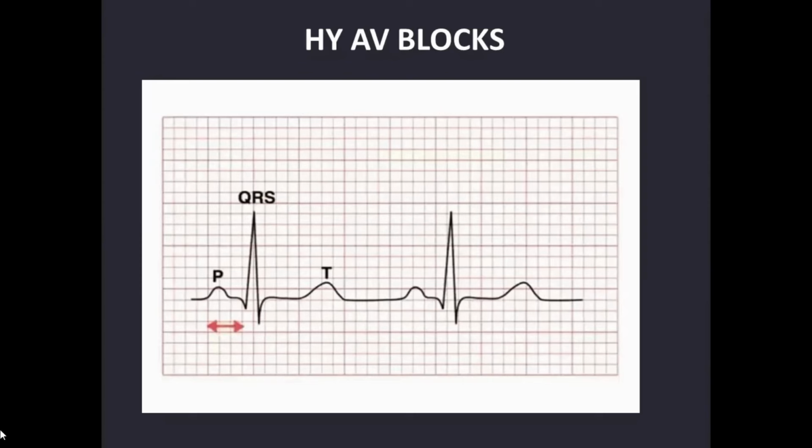In this case, you will see approximately 4 small boxes. Whenever we say that the PR interval is increased, we mean that it is more than 5 small boxes. And always remember that these 5 small boxes make one large box in the EKG. So your PR interval should never be longer than one large box or 5 small boxes.